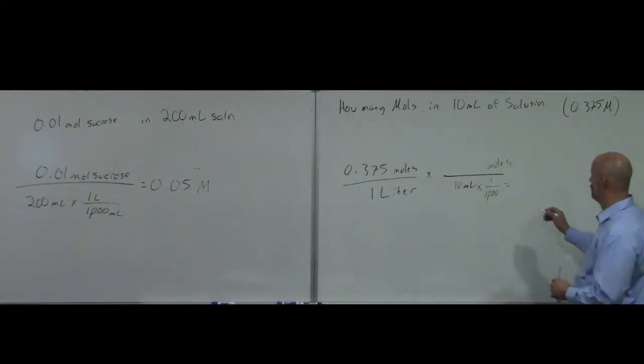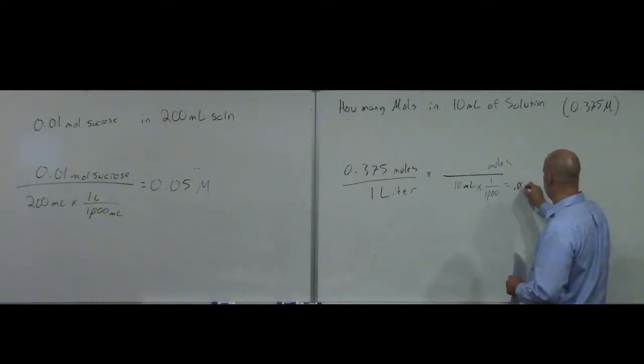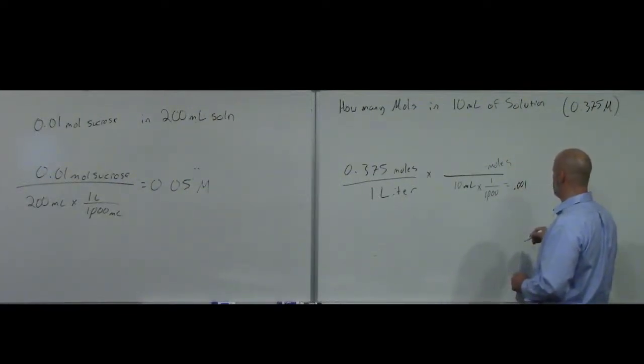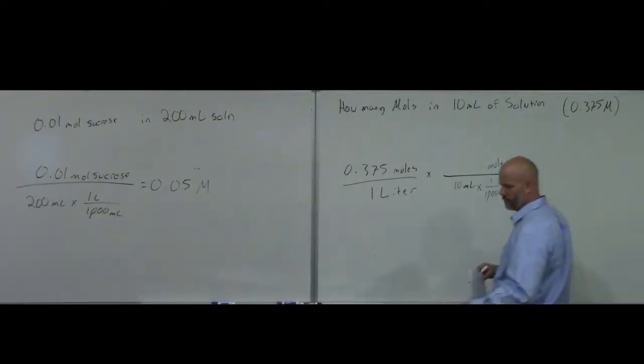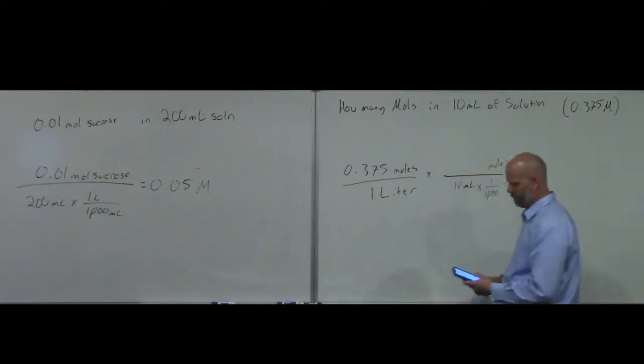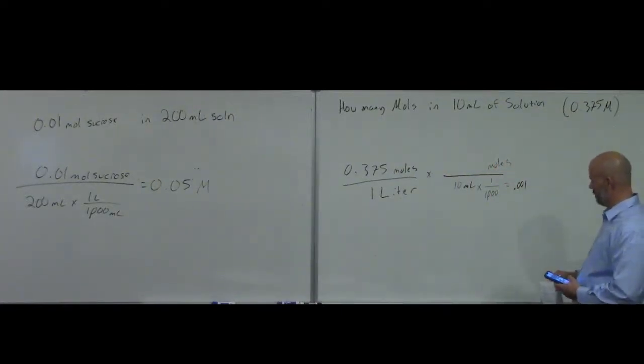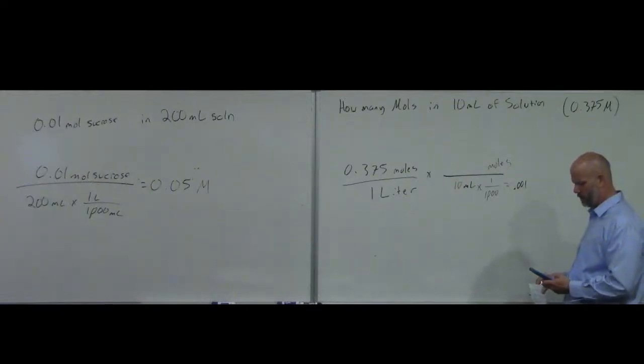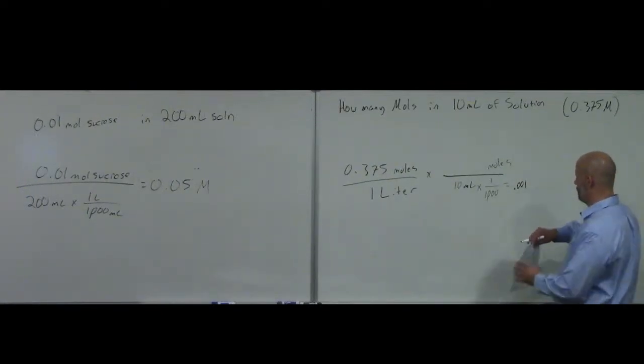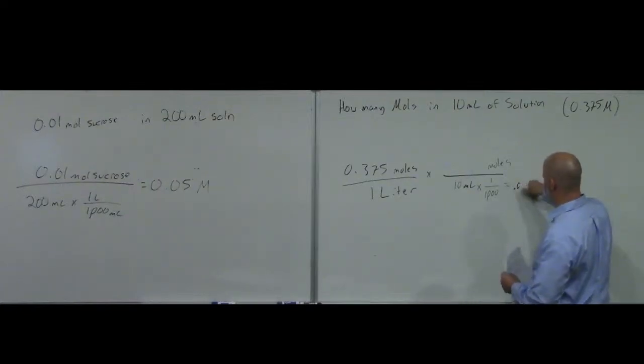So if you wanted to take a shortcut, you could just divide that by 100, because then it would go straight to 1 liter instead of 10 liters. Since that is 10 milliliters, it's 0.01.